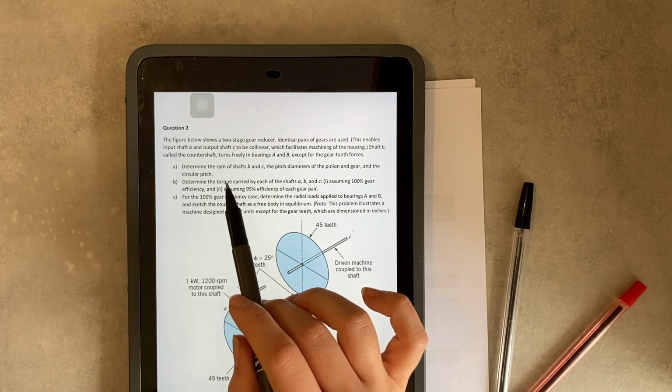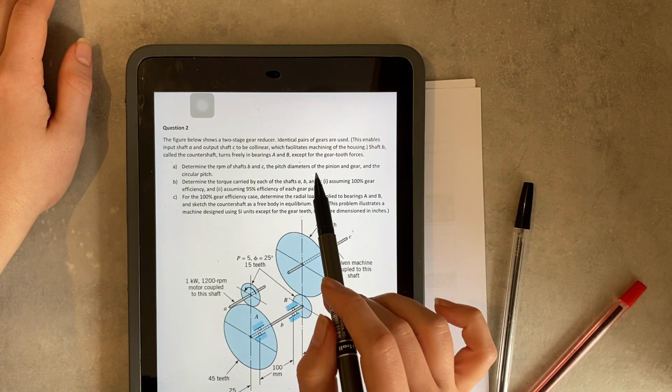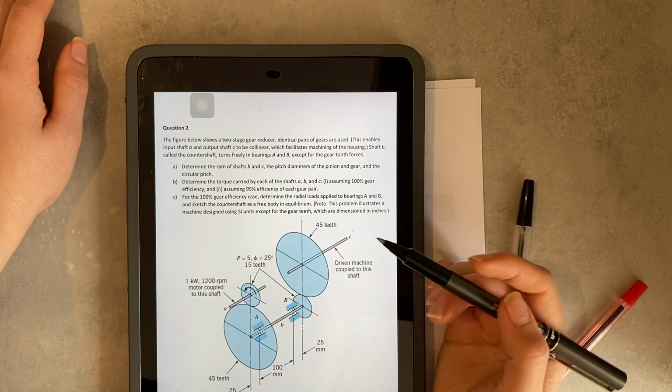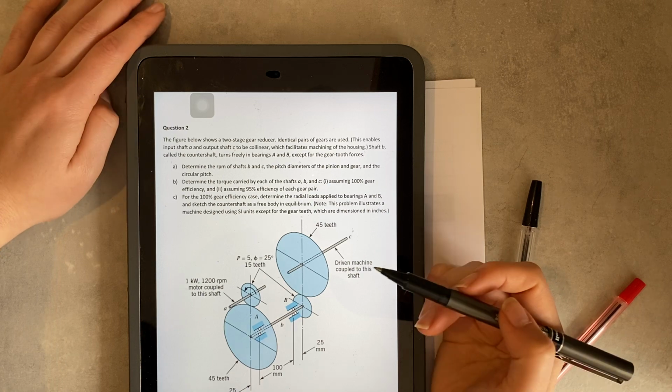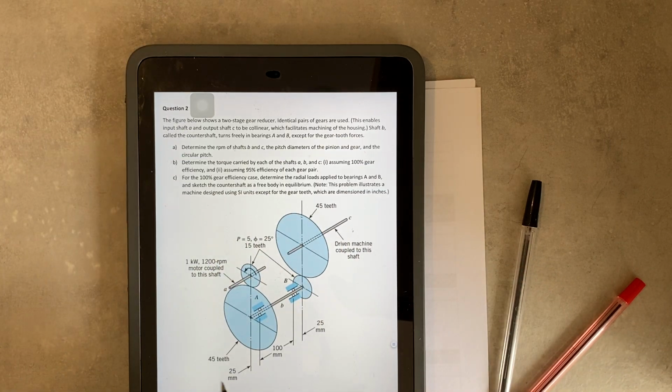A, determine the RPM of shafts B and C, the pitch diameters of the pinion and gear, and the circular pitch. All right, so if you look at the question itself, this is the shaft which is connected to the motor.